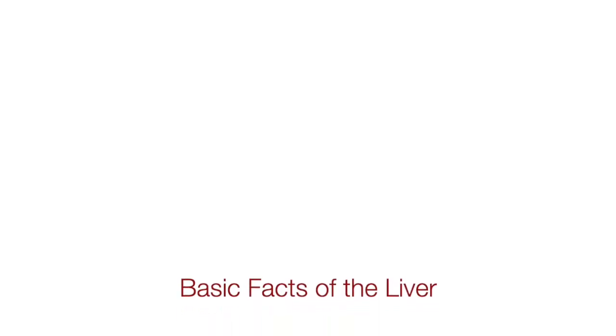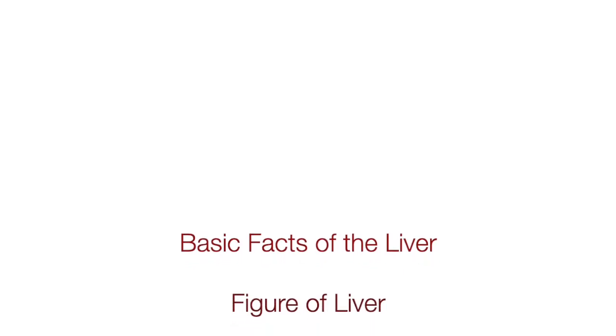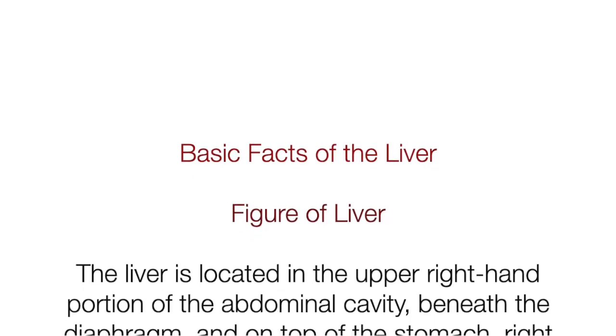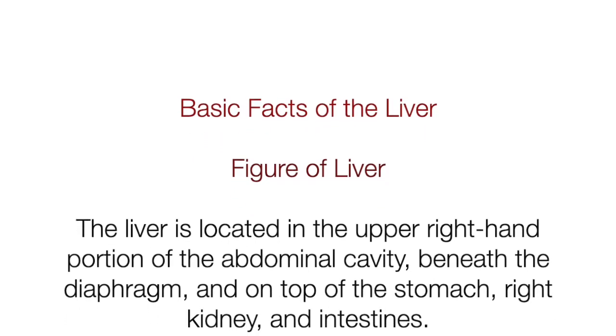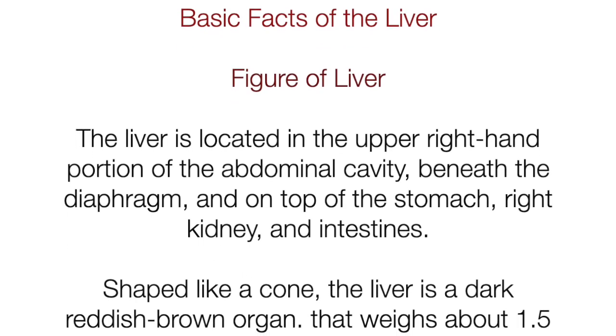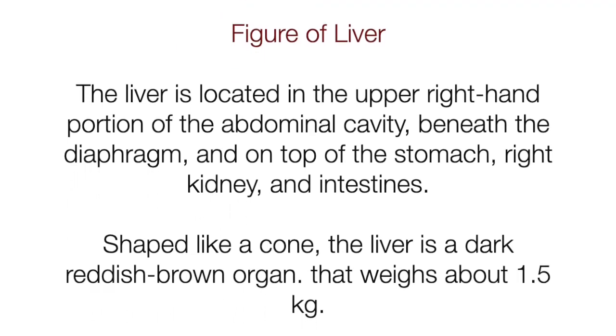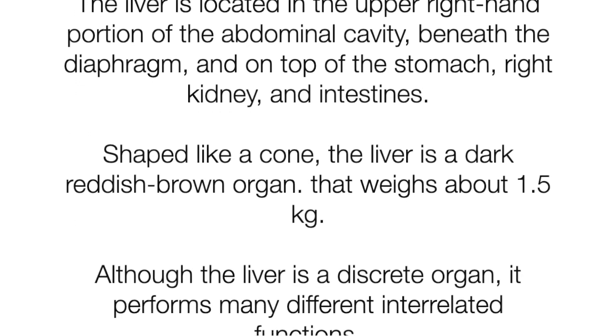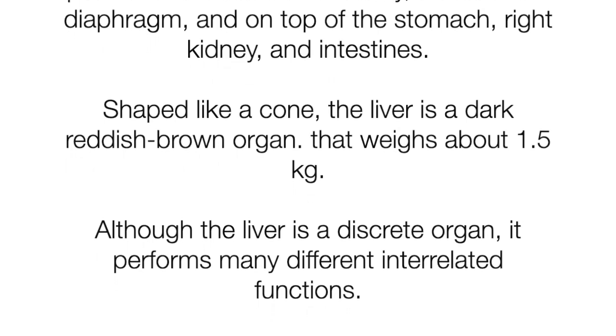Basic facts of the liver. We have already seen the liver picture. Although the liver is a discrete organ, it performs many different interrelated functions. The critical interrelated functions of the liver become especially evident when abnormalities of the liver occur.